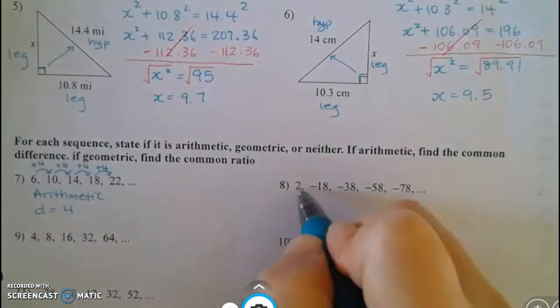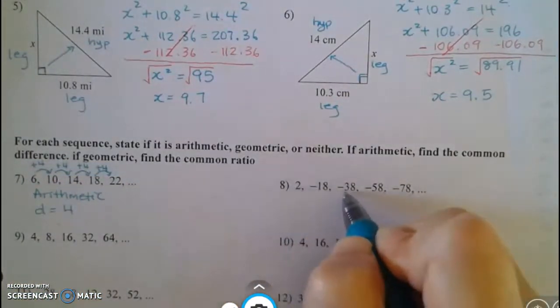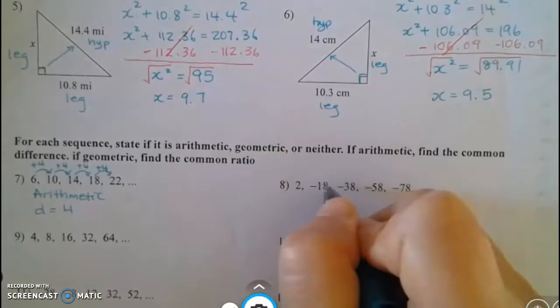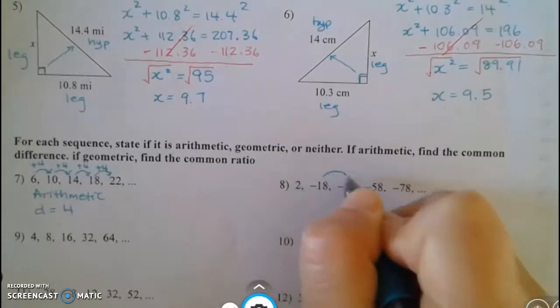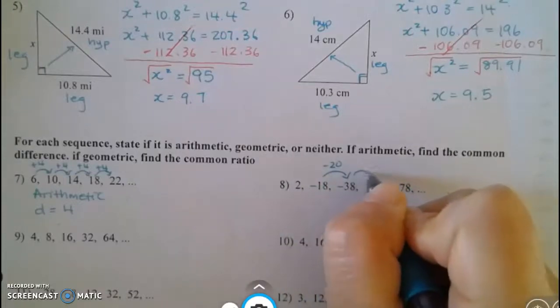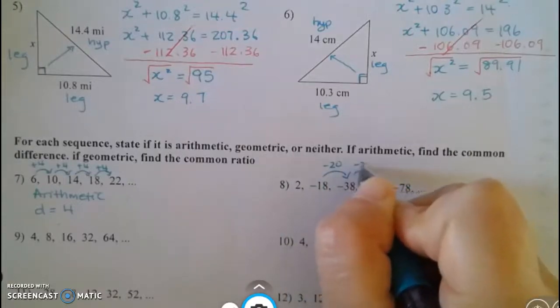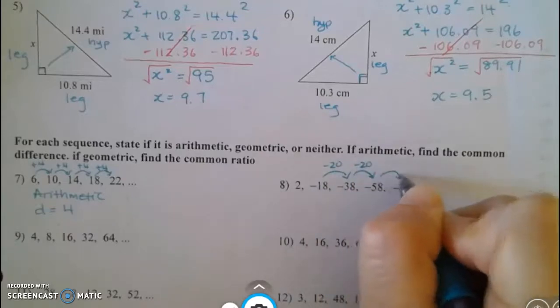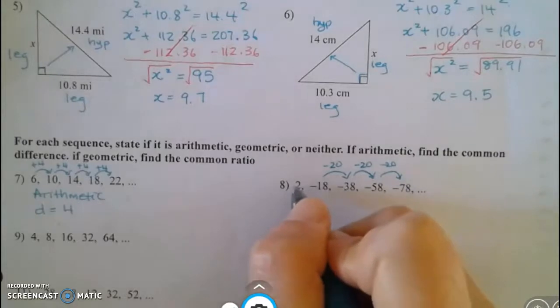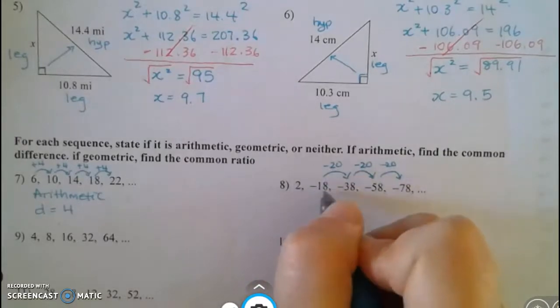Next, what's going on here? 2, negative 18, negative 38, negative 58, negative 78. It looks like you're subtracting 20. Okay, am I doing the same thing here? 2 minus 20, is that negative 18?